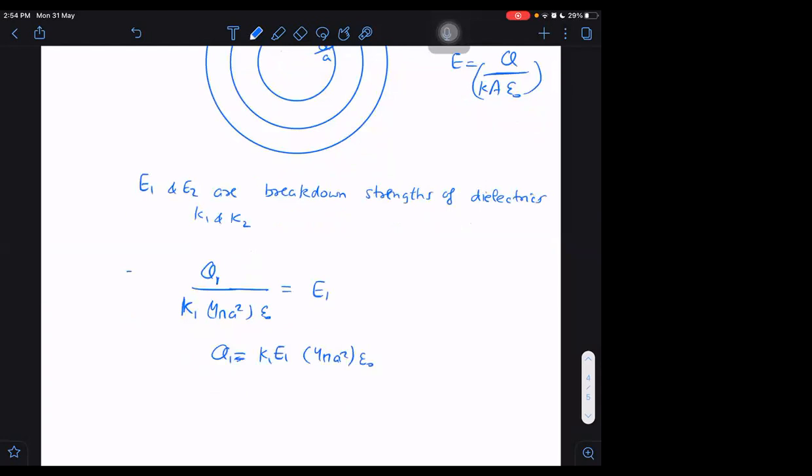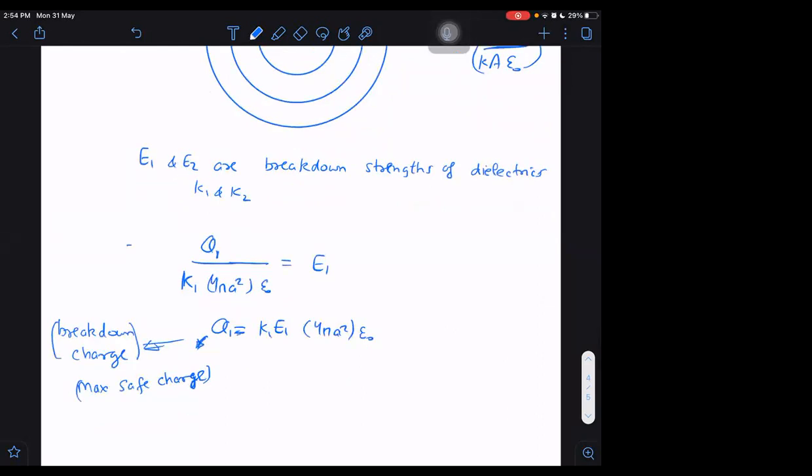So Q1 is the breakdown charge, or the maximum possible safe charge which we can give to the capacitor. We cannot give more than that. After that, this will become unsafe, and this capacitor will start leaking, or getting breakdown. It will start getting damaged.